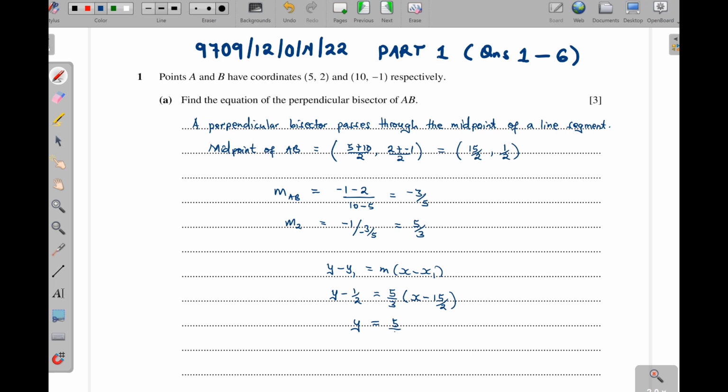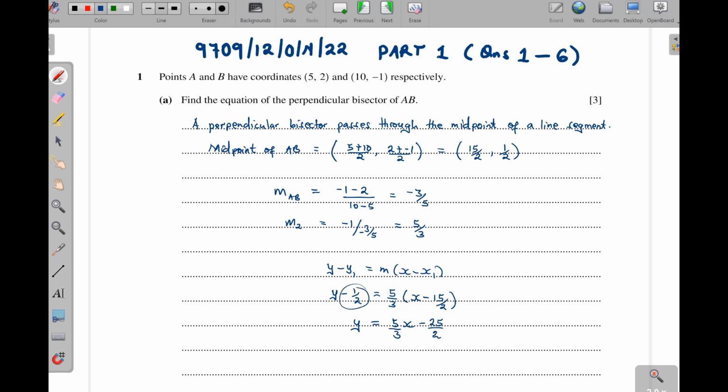So this will be 5 over 3 of x, then minus 3 here will go into this 15 5 times. So then 5 times 5, that is 25, then over 2.